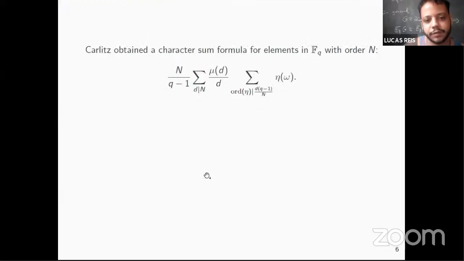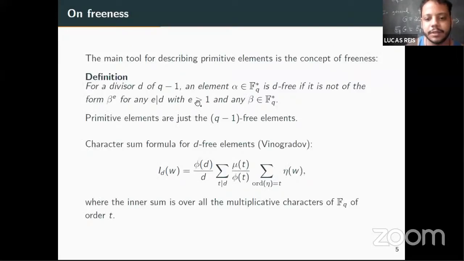Considering this formula, we have something more general obtained by Carlitz. This is the characteristic character sum formula for the characteristic function for elements with order capital N. There's just one difference between these sums.